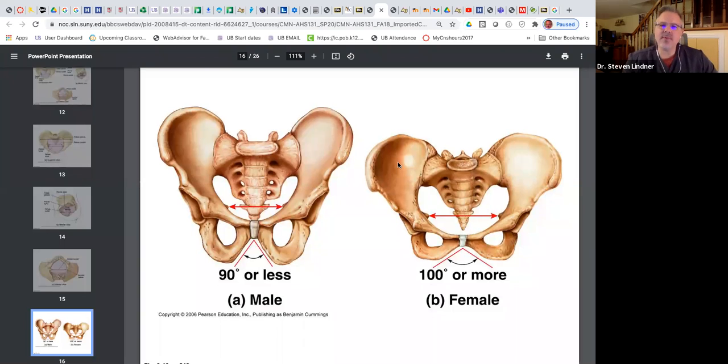One of the things I want to point out to you is there is a difference between a male and female pelvis, setting aside identity or how someone may identify as male or female. There's still the reality of the bone structure and biology.